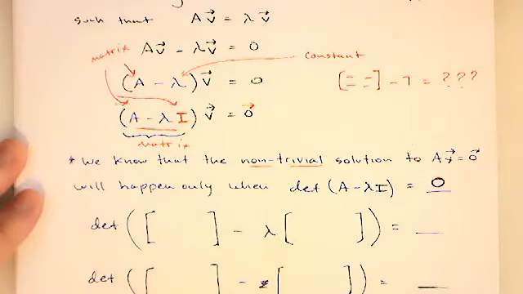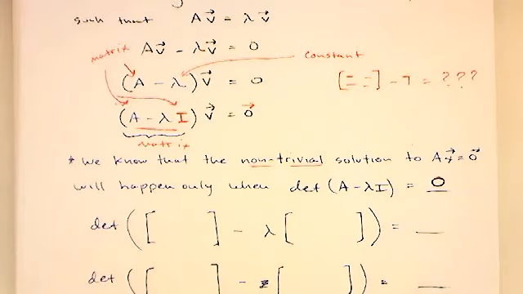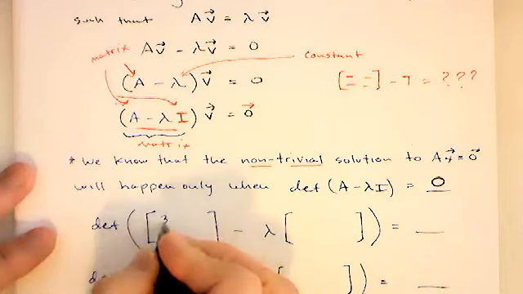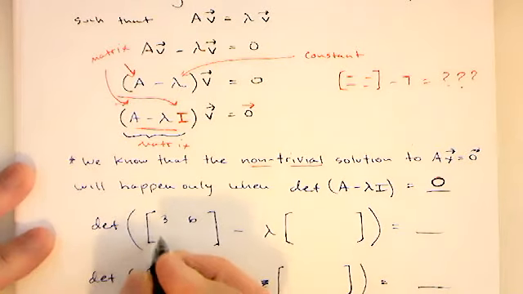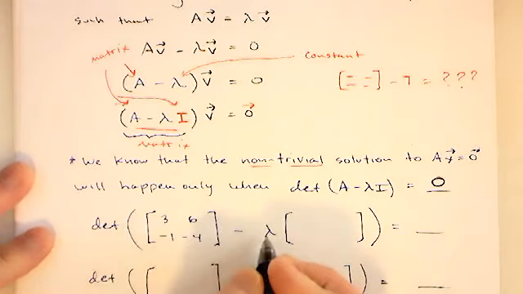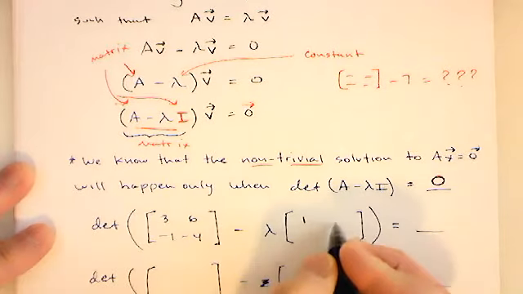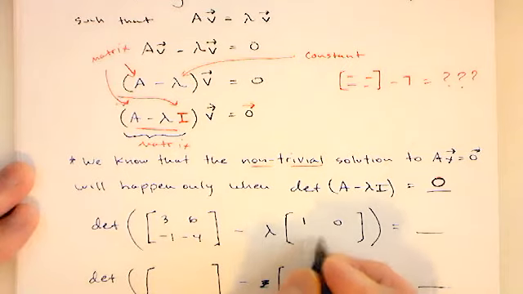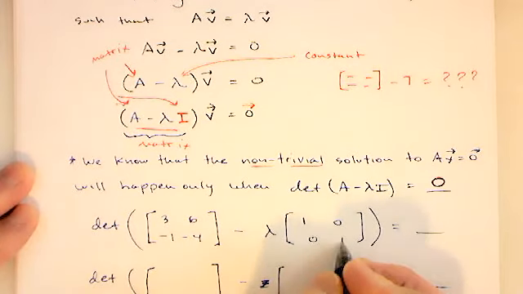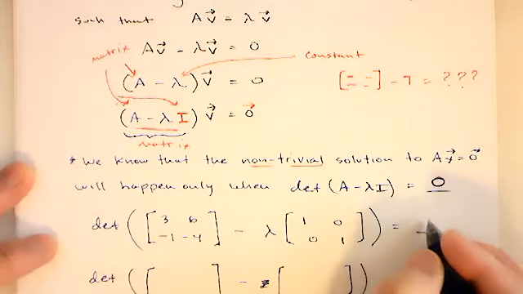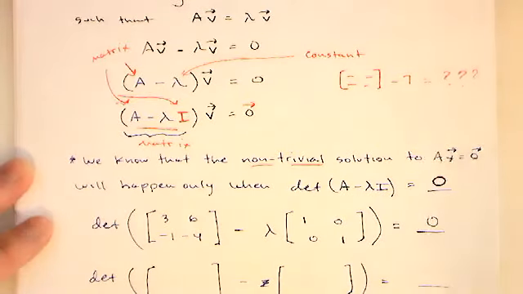My original matrix A was 3, 6, -1, -4, minus lambda times I. In this case, since we're doing a 2 by 2, we would be doing a 2 by 2 I matrix equals 0.